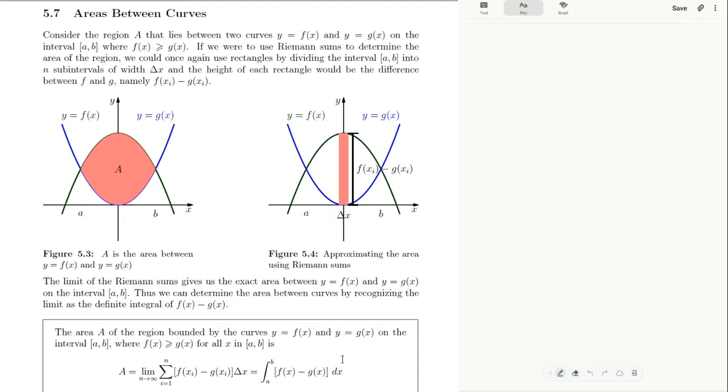So in other words, if f of x is greater than g of x on the interval from a to b, then to find the area of the region that is bounded between the two curves, we take the difference between f of x and g of x, and then integrate over the interval from a to b.